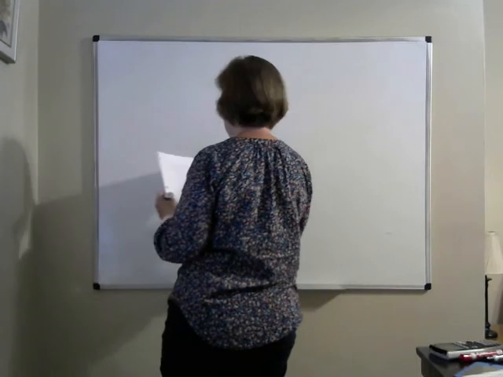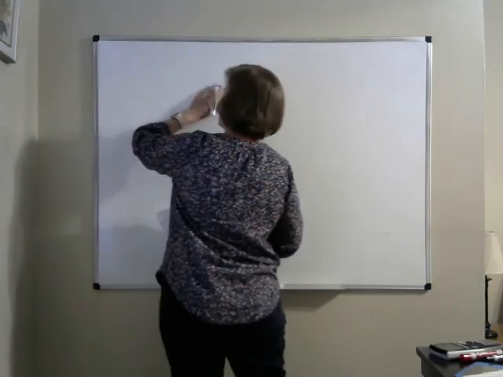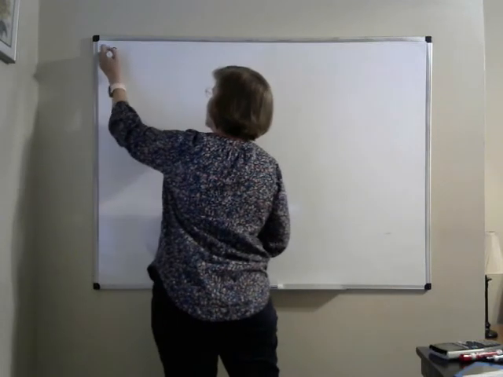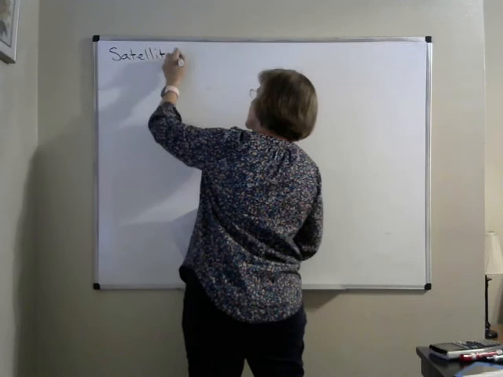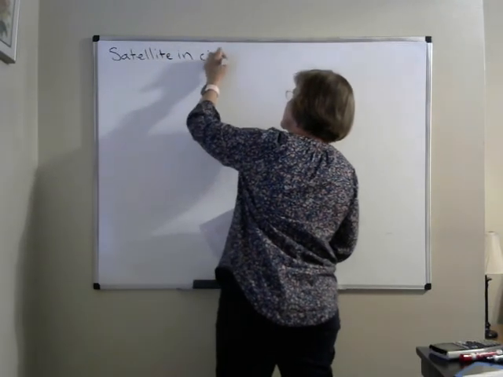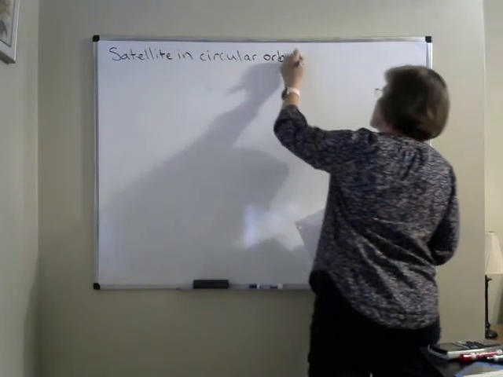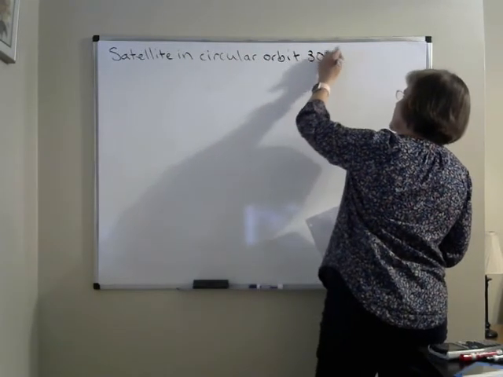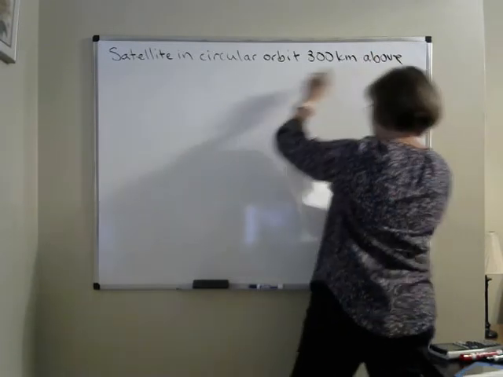We want to put a satellite in a circular orbit 300 kilometers above the Earth.